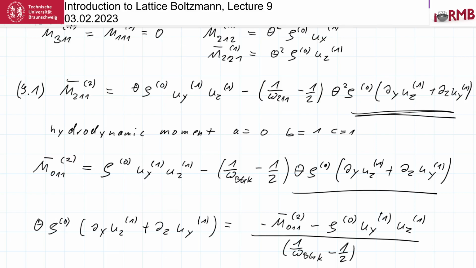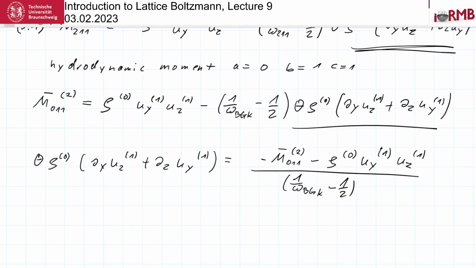So 1 divided by (1/omega BGK minus 1/2). This is almost the viscosity, it's just missing a theta. Yeah? So we divide by viscosity.